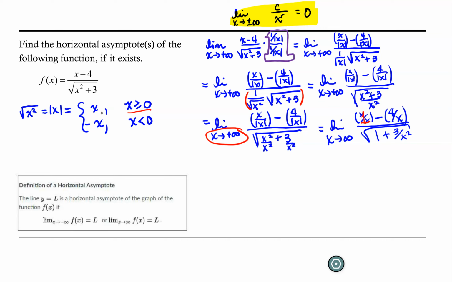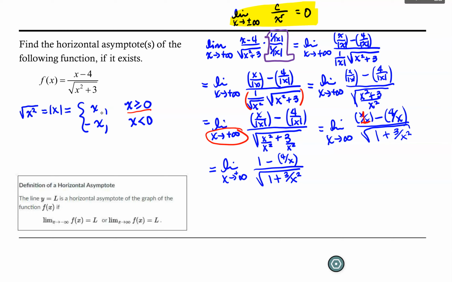So then, just to clean this up a little bit, the limit as x approaches positive infinity, we have 1 minus 4 over x over the square root of 1 plus 3 over x squared.